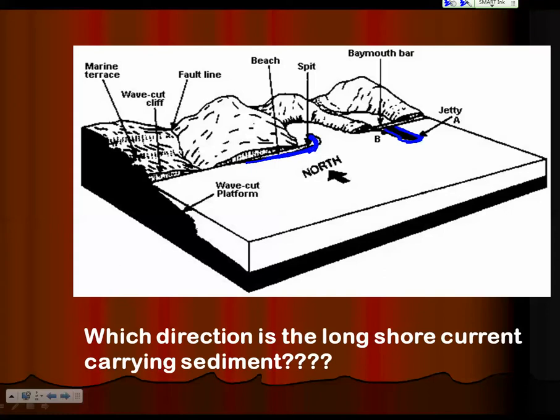So the longshore current could be coming in like this, washing that sand up, backwashing, washing up, swash, backwash, all the way, and it keeps moving this direction. Same thing over here, it's getting moved up against this thing called a jetty, and that's preventing the sand from going any farther.